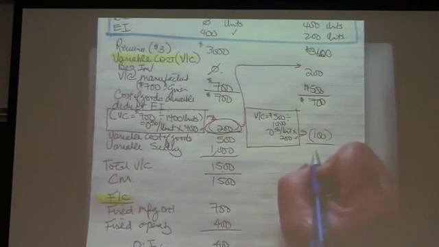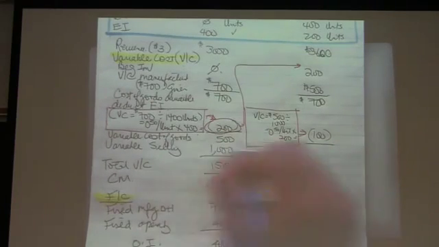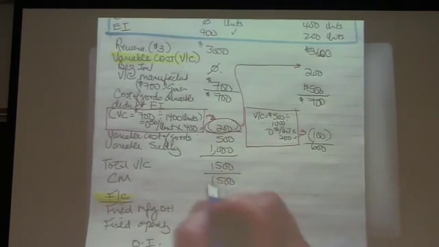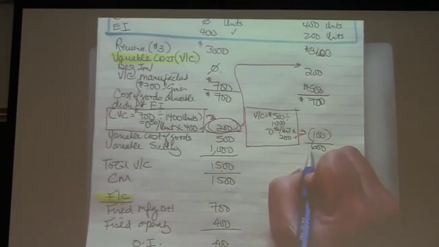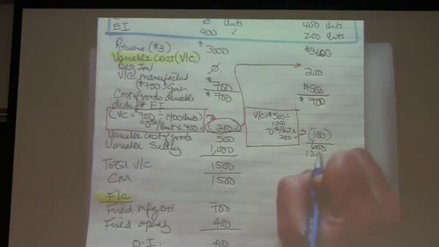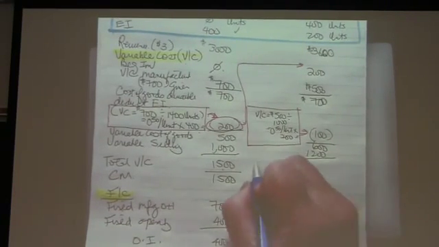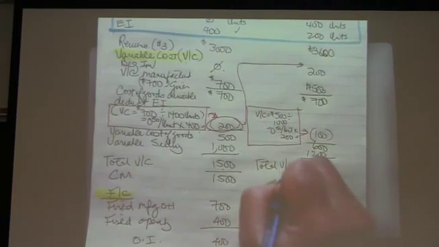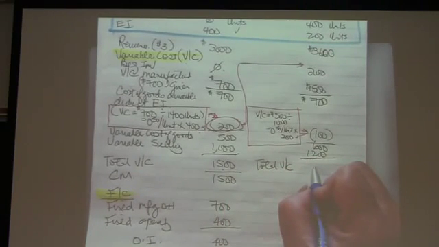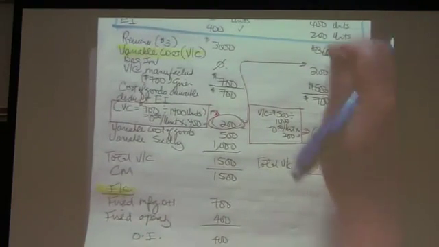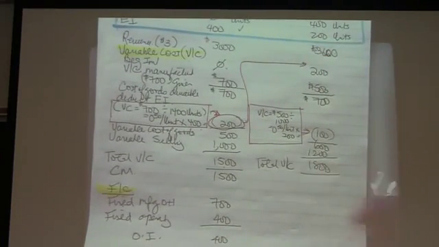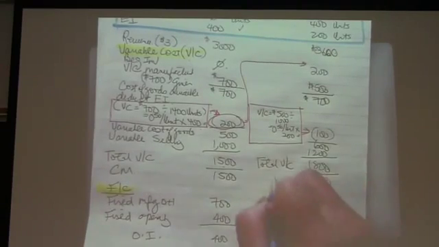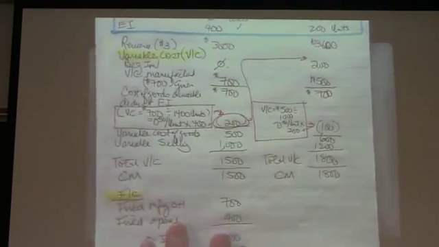And that gives us variable cost of goods of 600, and variable selling is 1,200 to give us total variable cost of 1,800. So 3,600 less 1,800 gives us 1,800 contribution margin.